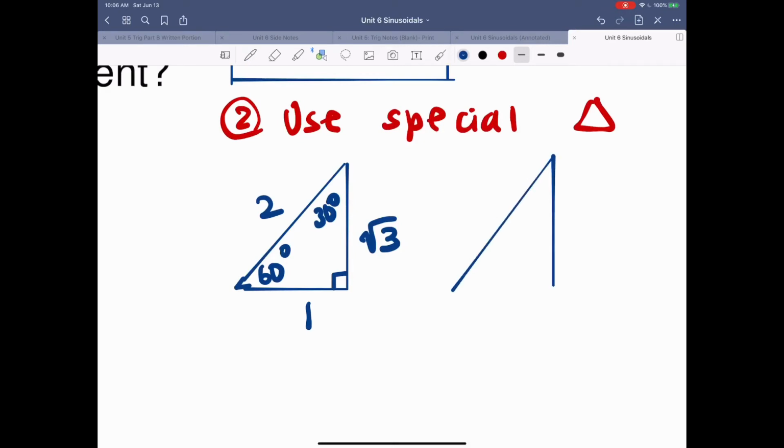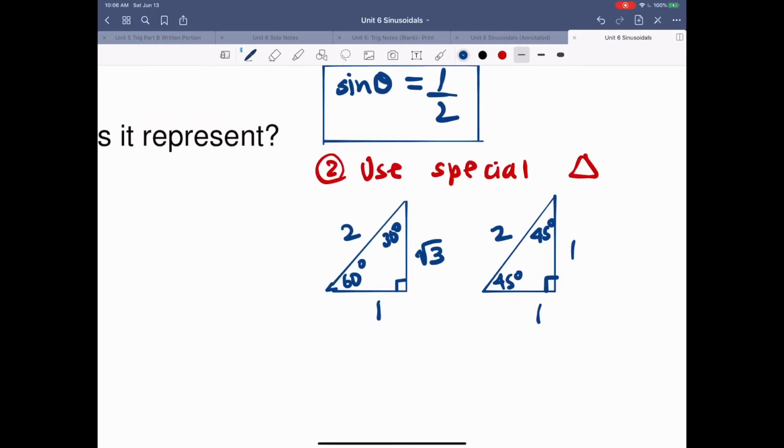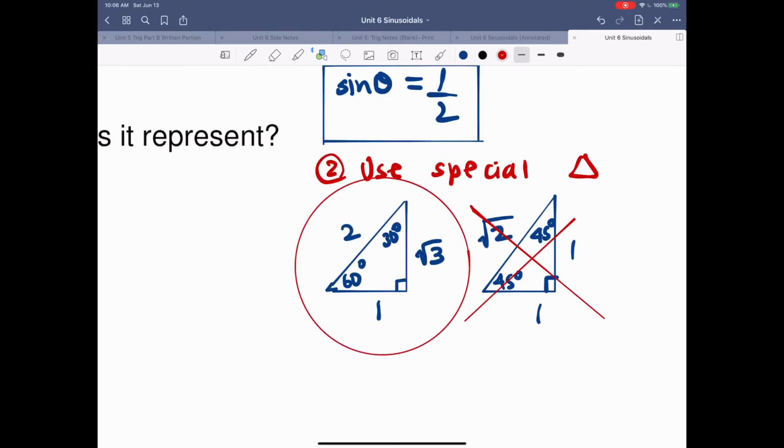And you might almost think the 45-degree triangle might work. That was my first thought, oh yeah, 1 and 1, and then 2. Oh no, but then there was a square root 2, so I'm going to disregard it. That's why I'm looking at this triangle and going from there.